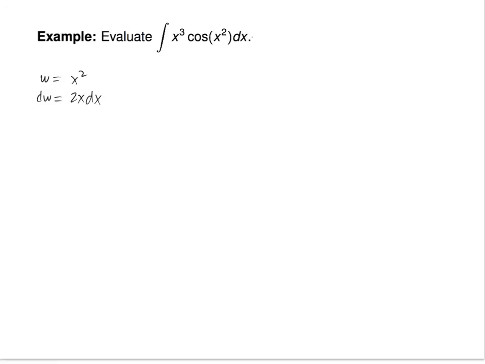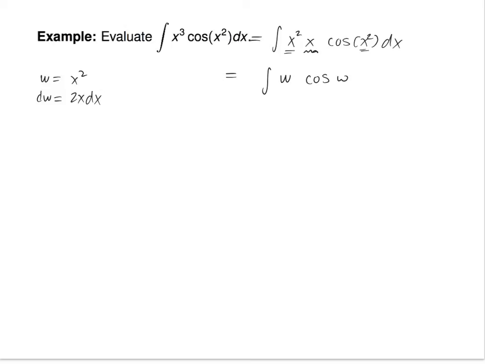And notice in your integral, I can take that x cubed and break it into x squared times x cosine of x squared dx. Okay, so what does this x squared and that x squared get replaced by? W. So W cosine W.